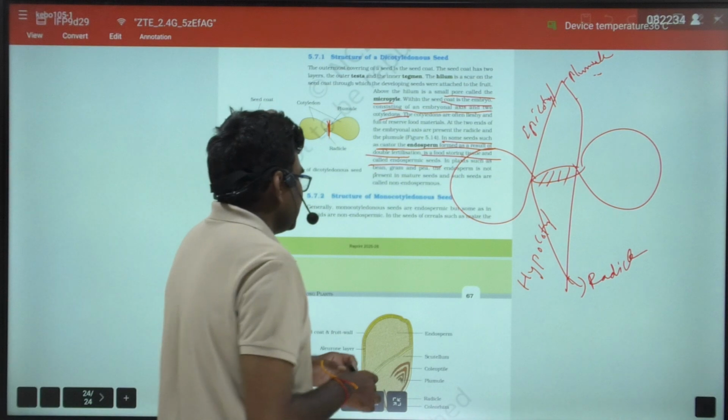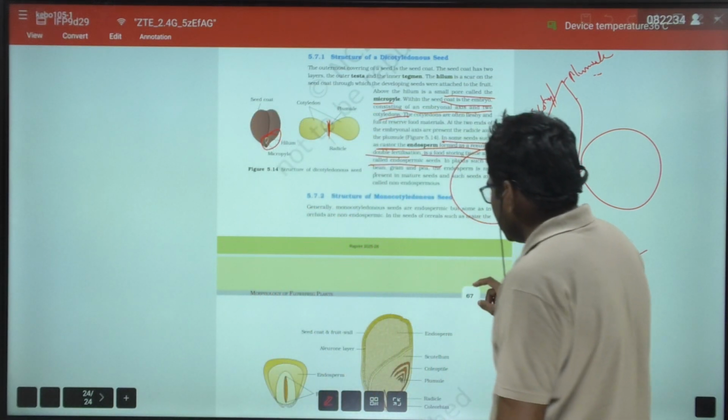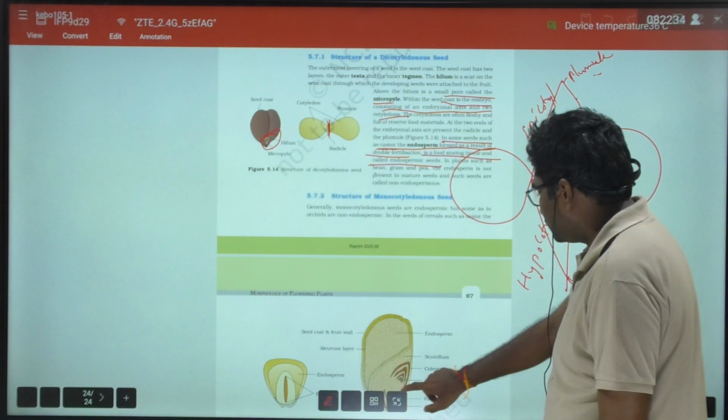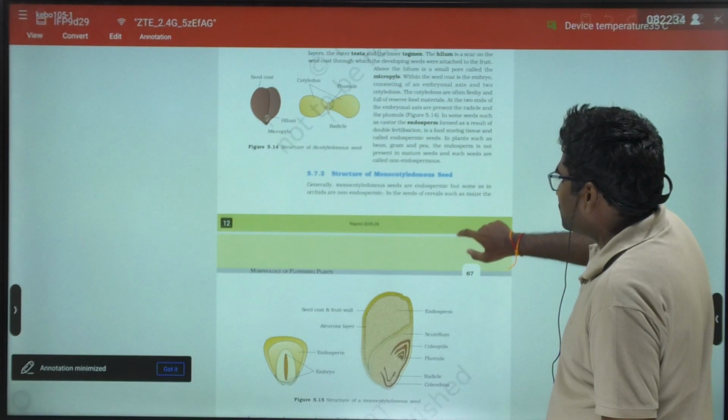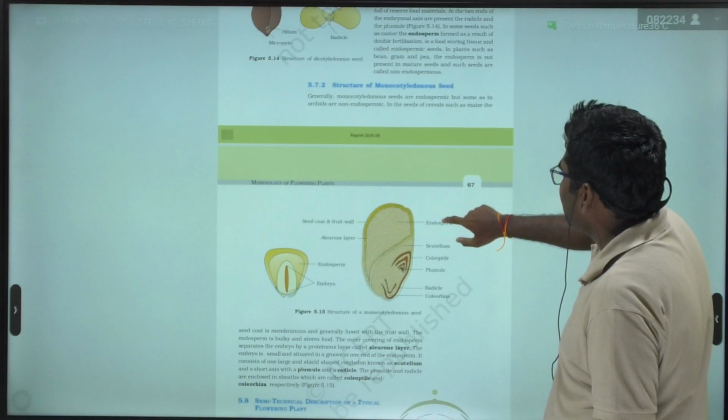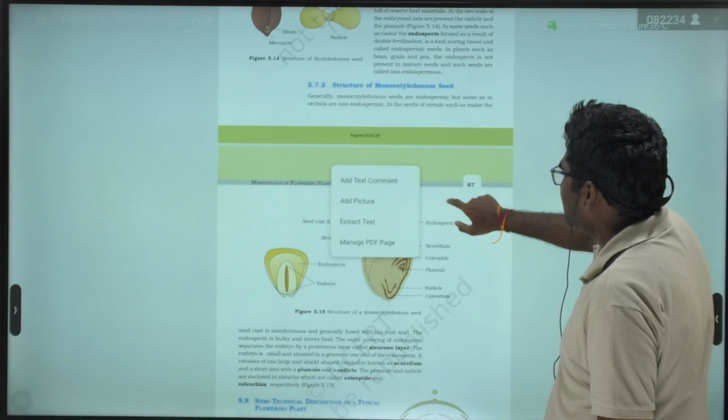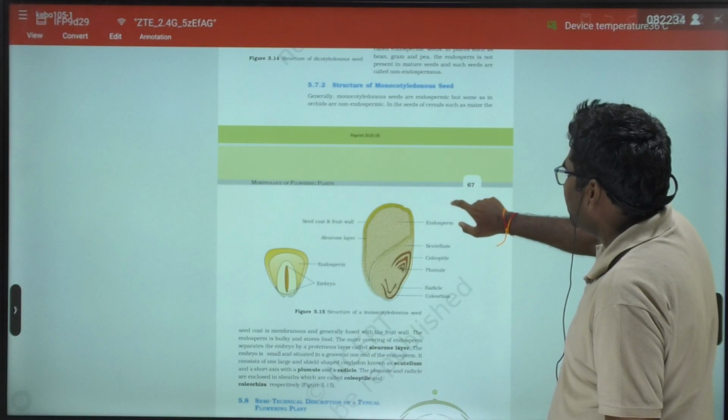Okay, right. Next, the structure of monocot seed. Generally monocot seeds are endospermic, but some, as in orchids, are non-endospermic.